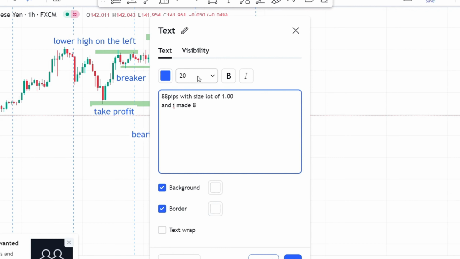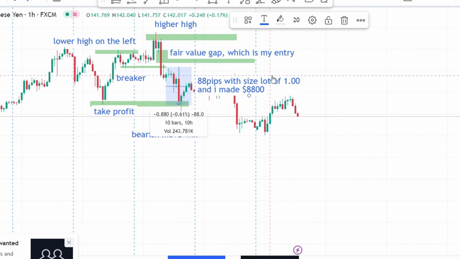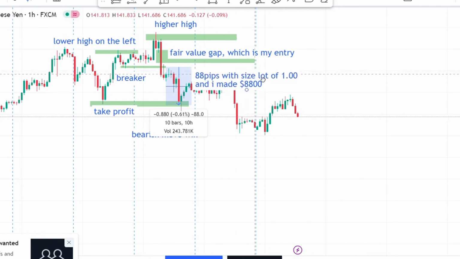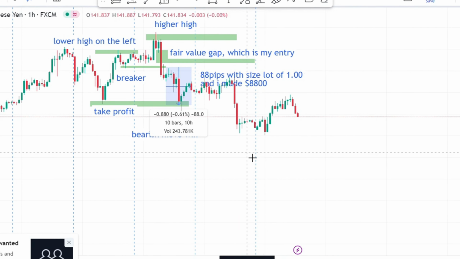Depending on the lot size that you decide to take, you can take 8 cents. You can take $8. You can take $80. You can take $800. And again, you can take $8,000. Remember, this is determined by the pip size.